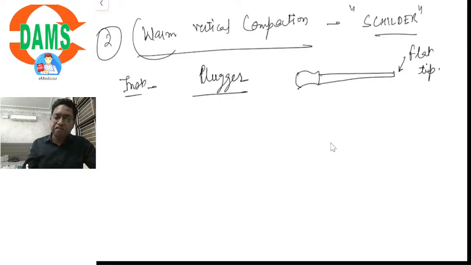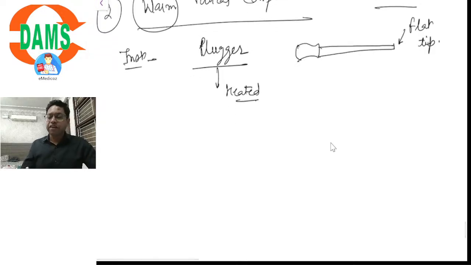Warm means we would use a heated plugger. When the plugger is heated on the flame, it should be cherry red in color.